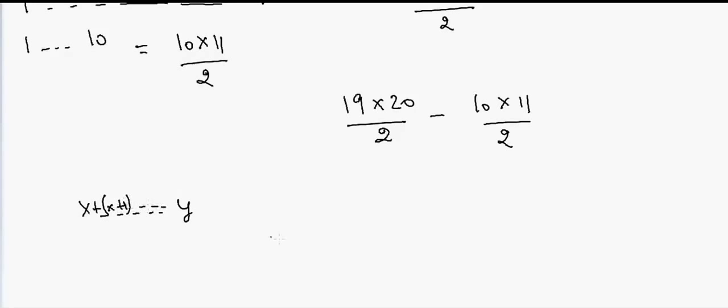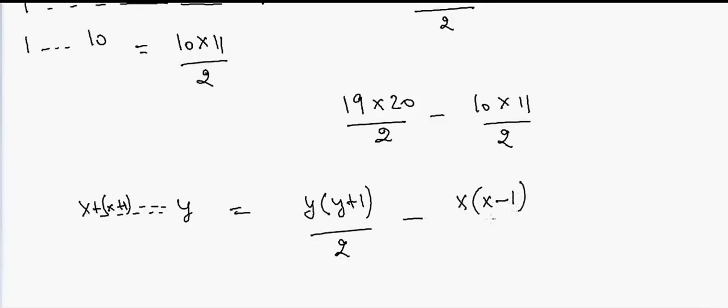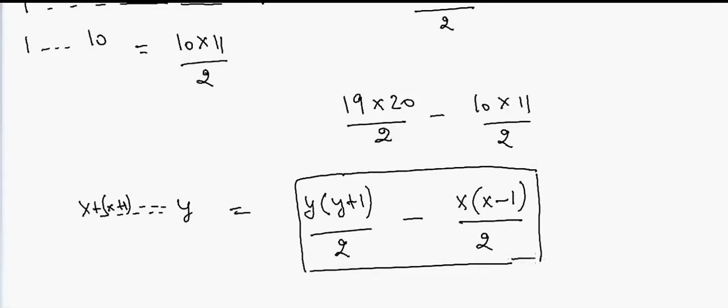In that case I can write this as y into y plus 1 divided by 2 minus, so here we have to be careful because this is x, so this will be equal to x into x minus 1, because we are adding until x minus 1, divided by 2. So that will be our answer if we have to add numbers in series.